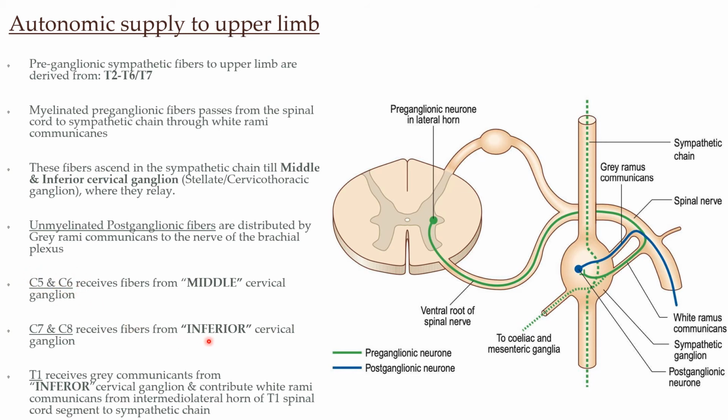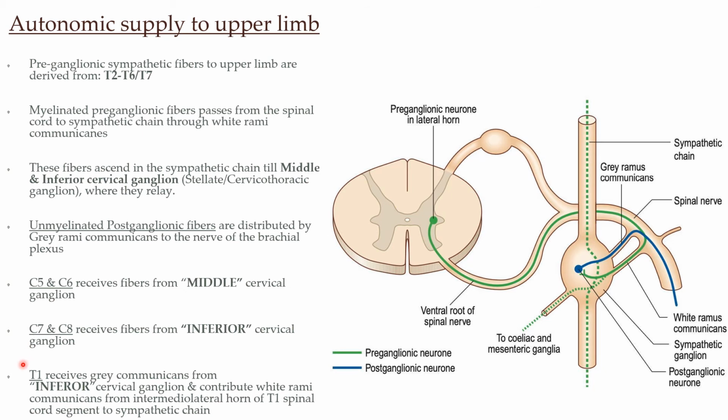And the postganglionic fibers from the inferior cervical ganglion will enter into C7 and C8 spinal nerve. So we can summarize for C5, C6, C7 and C8 spinal nerves that these four spinal nerves receive autonomic fibers from T2 to T6 spinal cord segments.